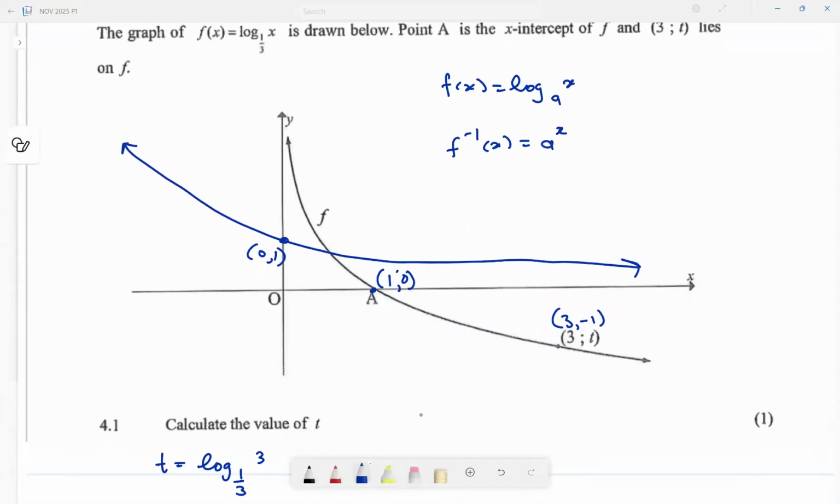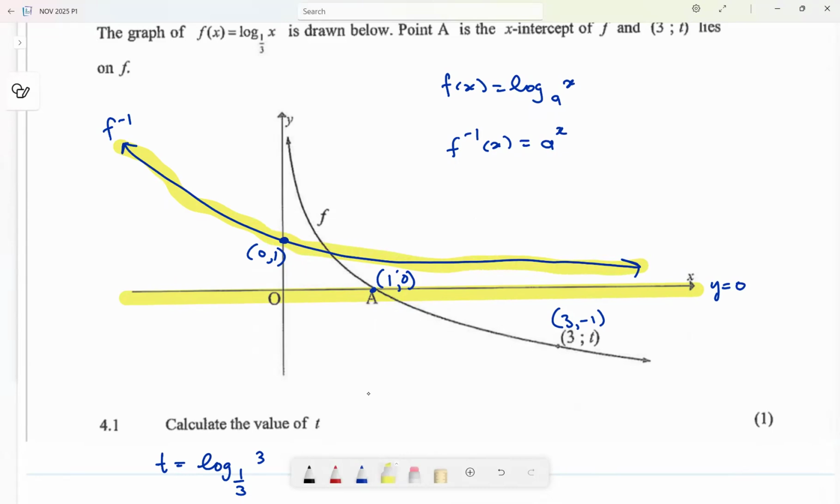If this has a coordinate of (0, 1), then this will be my function of the inverse. The asymptote is now this line, the x-axis, and the x-axis is y equal to 0. So my function is defined for y an element of everything above 0.